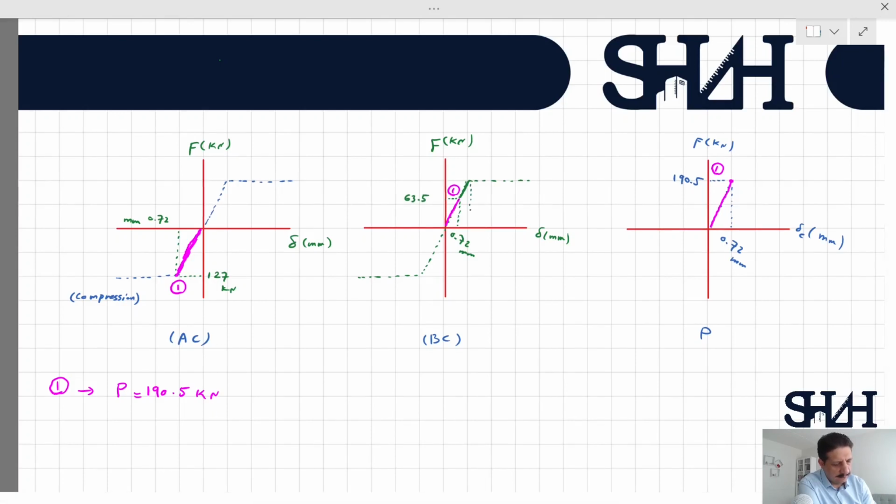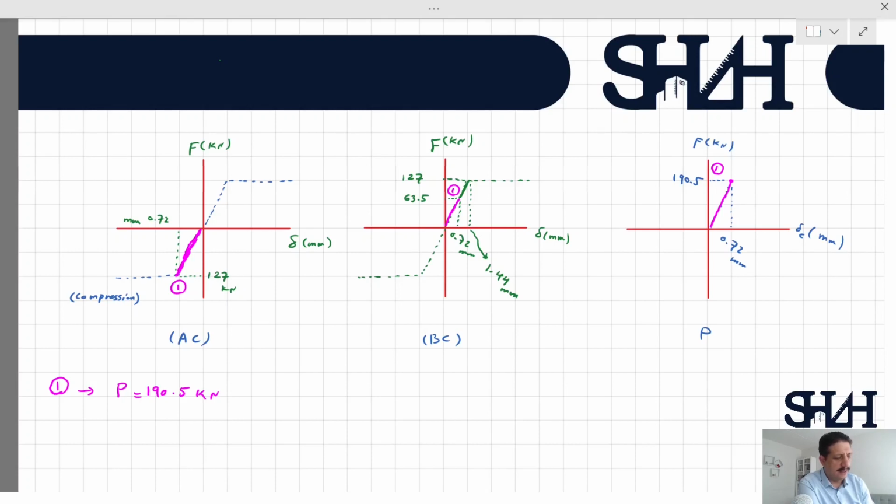And if we recall, the yielding deformation of BC element was 1.44 millimeter. So it can increase up to 1.44 when the load in that element becomes 127 kilonewton, which is the yielding load of the element.